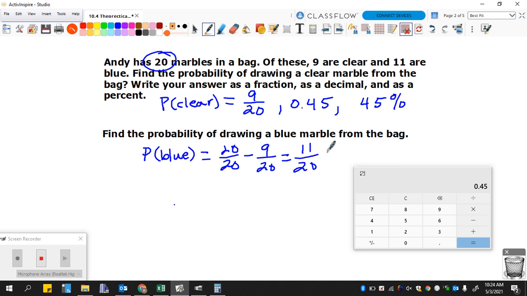If I write that as a decimal, that's 0.55 or 55%.